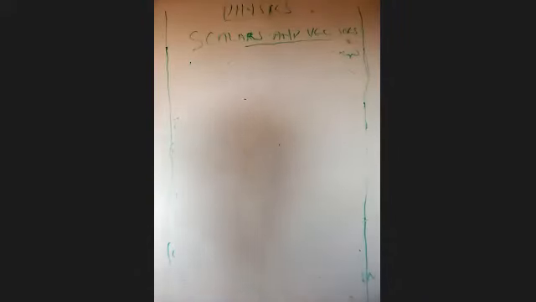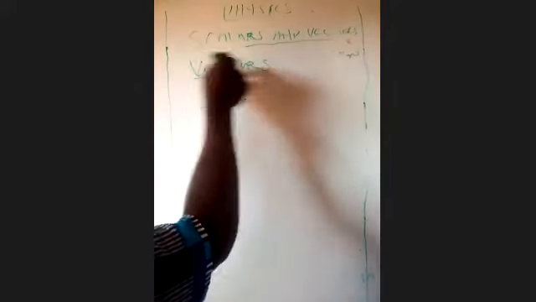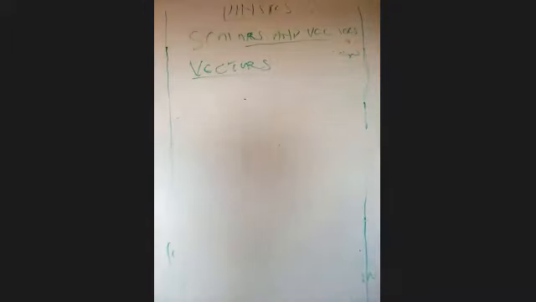Now, let us explain more about vectors and cite some examples so we can comprehend what we're trying to explain. A vector is a quantity which has both a magnitude and a direction. So a vector quantity is fully described by both magnitude and direction.